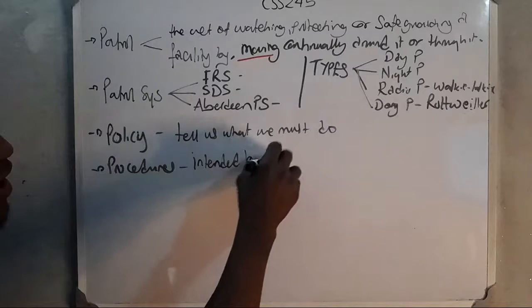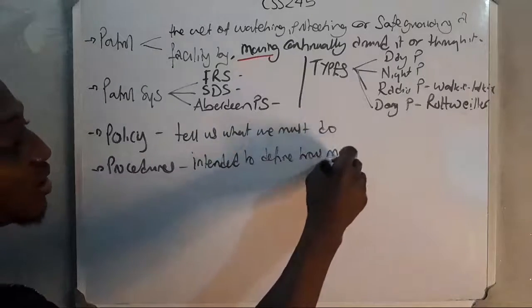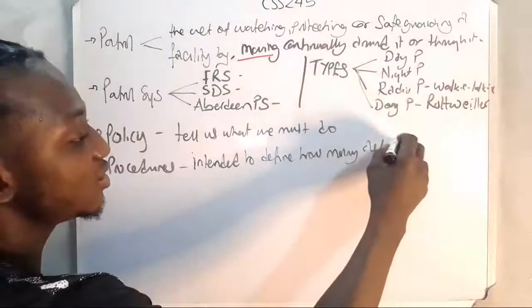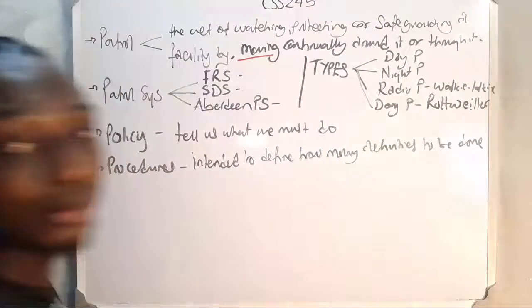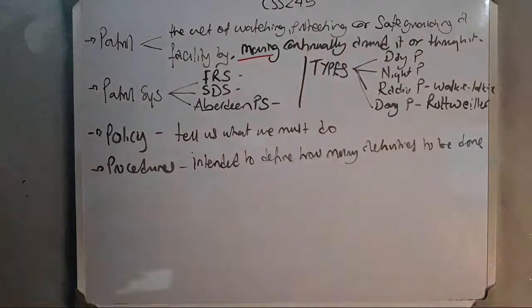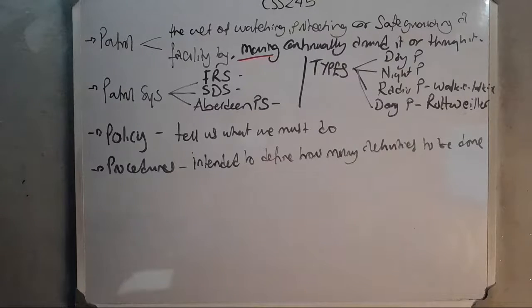Policy says this is what's supposed to be done. Procedure tells us how.